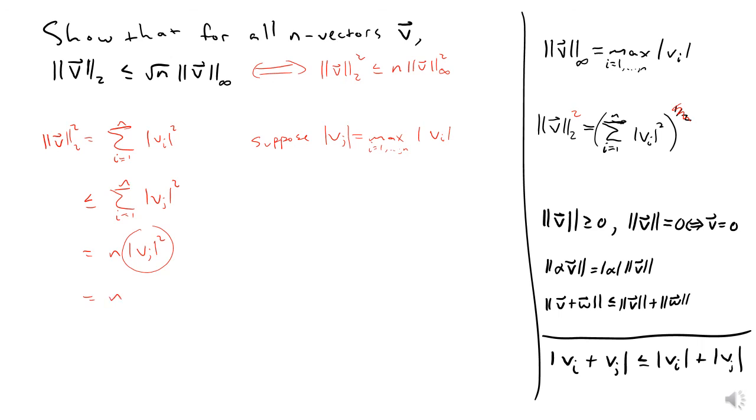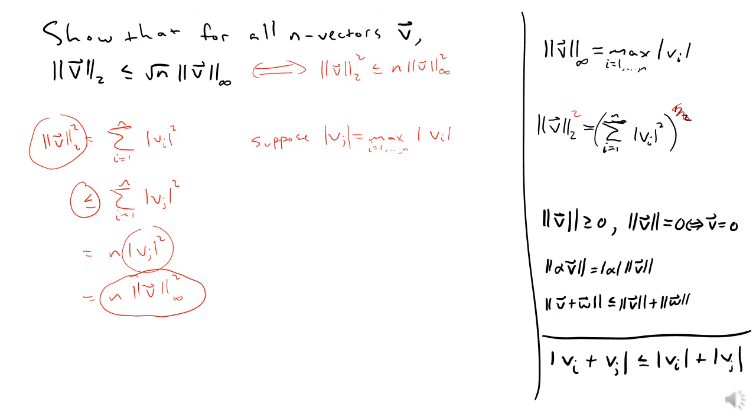So this is n times the infinity norm of v squared. So again, we get fairly easily the inequality that we want. The 2 norm squared is less than or equal to n times the infinity norm squared. And if that's true, then by default the 2 norm must be less than or equal to the square root of n times the infinity norm.